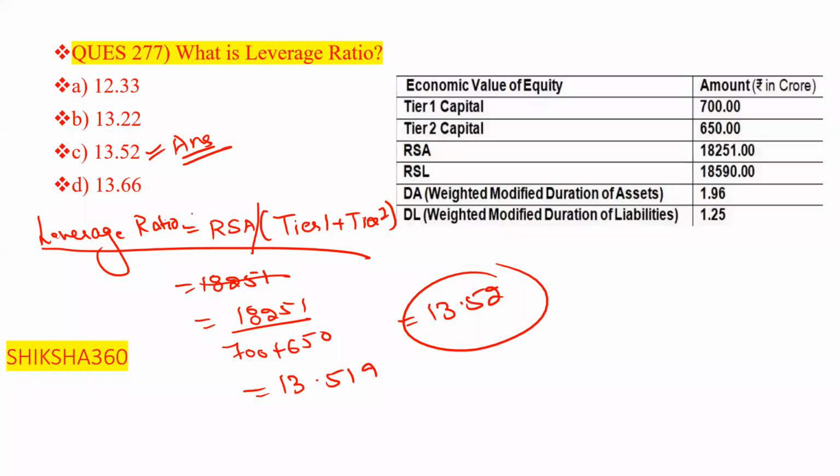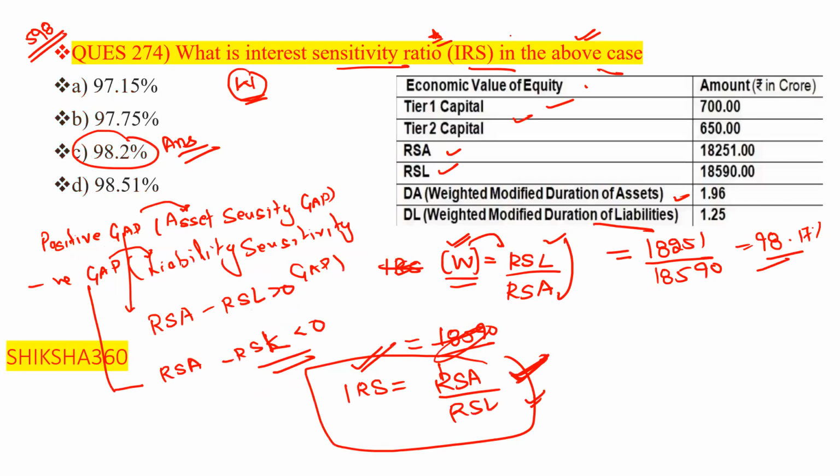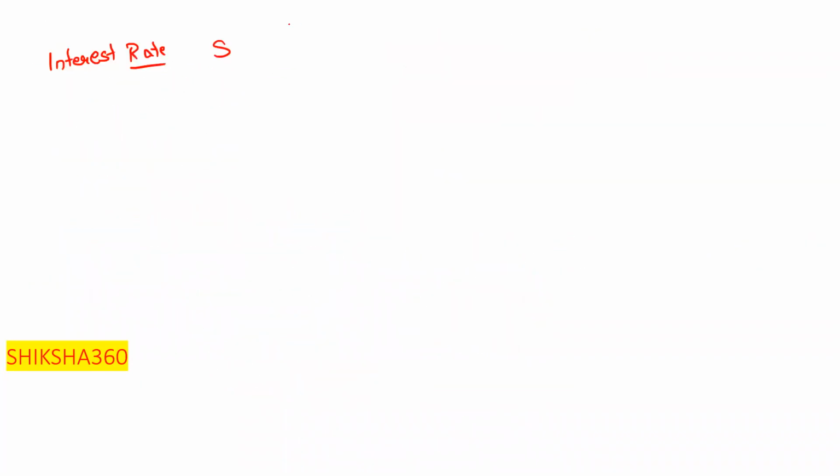So all this is an illustration of repricing risk, or the calculation for the modified duration gap. I will write here once again all the formulas so that you are able to remember them. First, if they are asking the interest rate sensitivity ratio, it is RSA upon RSL.